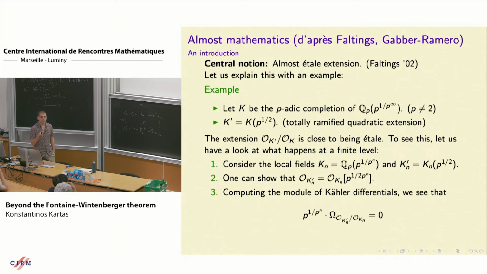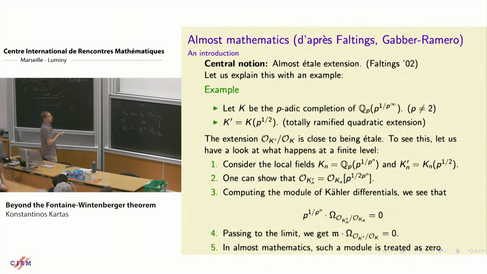So it's not 0, but it's close to being 0. Then you can pass to direct limits and get that the module of Kähler differentials of the original extension of valuation rings is killed by all these p-power roots of p, all these elements of very, very small valuation. In almost mathematics, you want to ignore almost 0. So this is an example of what we will call in a few seconds an almost 0 module.